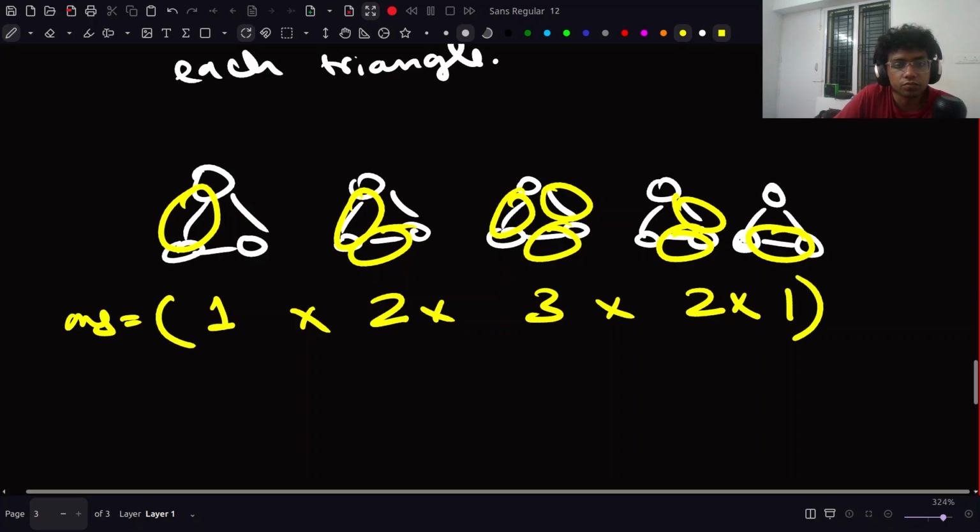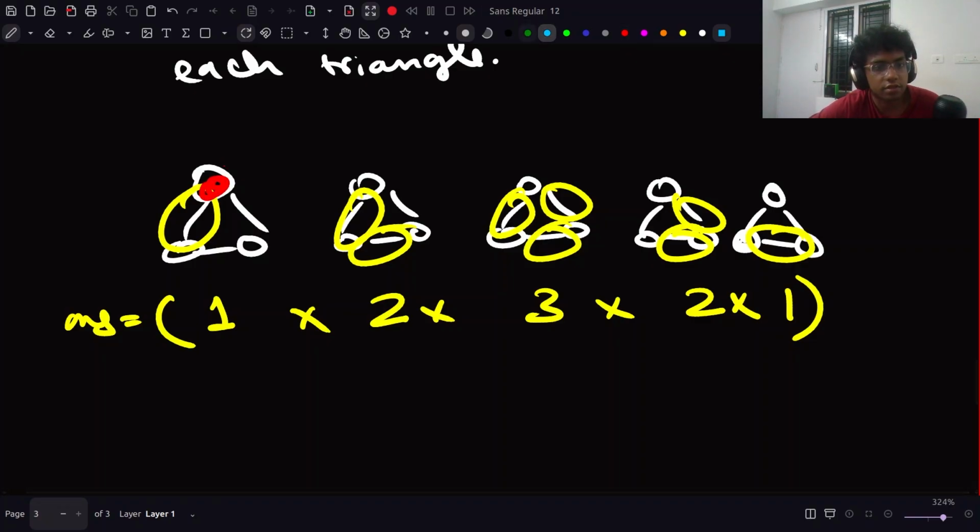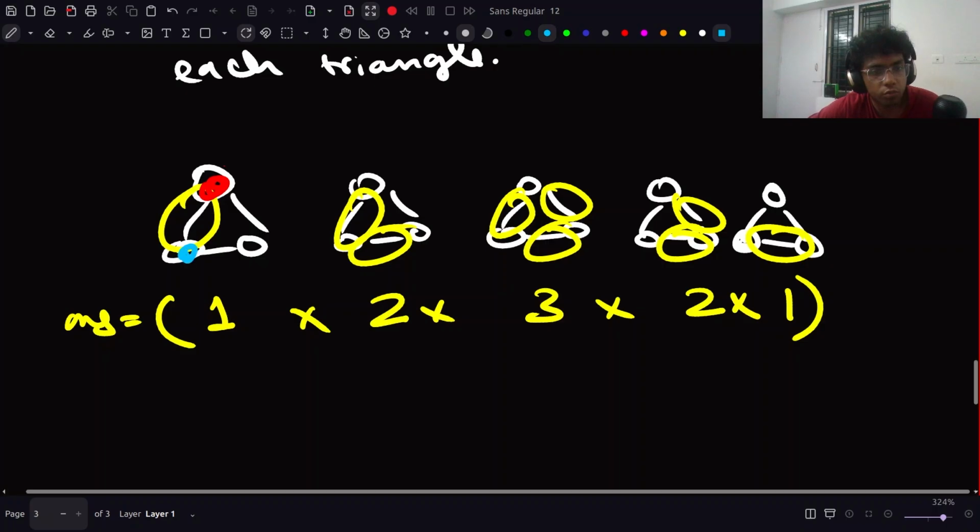Fine. Now the only thing which remains is to figure out which triangles will have two reds and one blue, and similarly which ones will have two blues and one red, right? So let's say this one has one red and this has two blues, and similarly this one will be, let's say, a blue and this one will be two reds, and so on and so forth. We can fill up the colors, right?